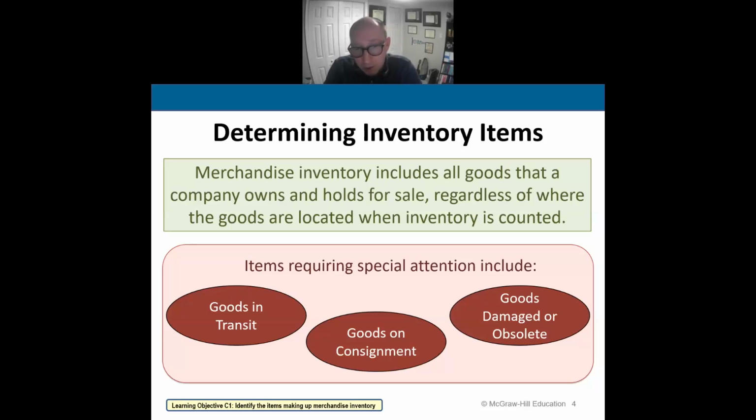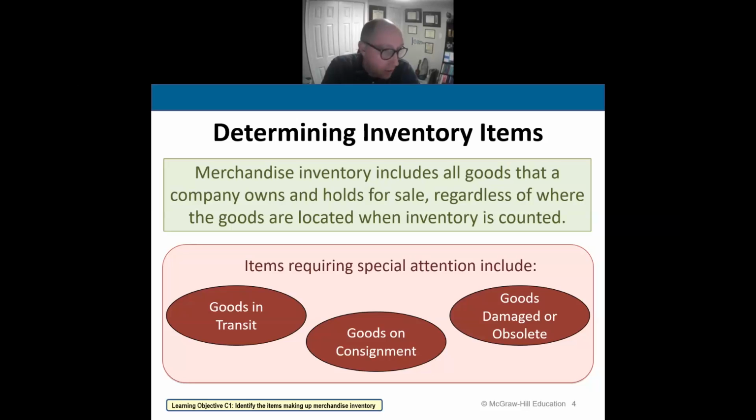Are the goods considered to be on consignment? When you see the word on consignment, it means that you don't pay for those goods until they're sold. That's what it means, consignment. You may have heard of a store called a consignment shop. That's real popular.